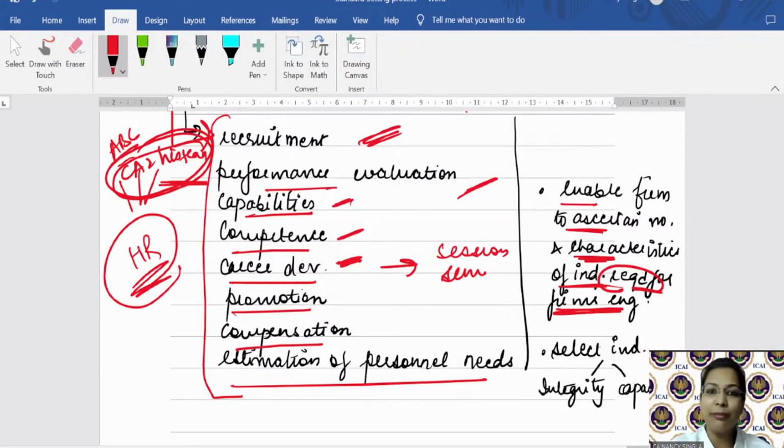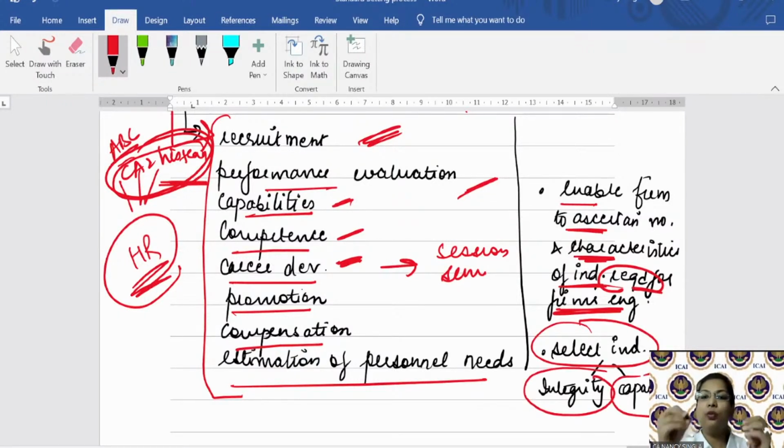Number is कितना की टीम चाहिए, characteristics is जैसे उनको US GAAP आना चाहिए, उनको SAP software deal करना आना चाहिए, ठीक है? And they will be in a position to select the individual with the integrity and the capacity to work on a particular assignment.